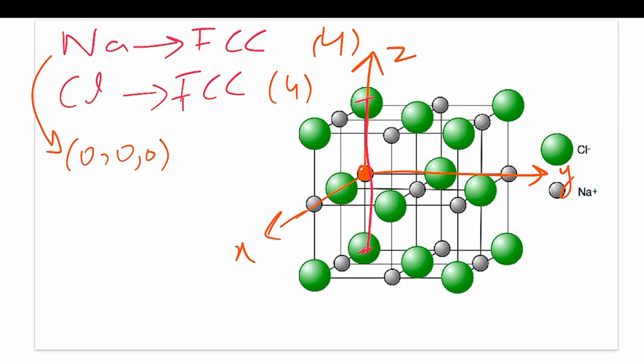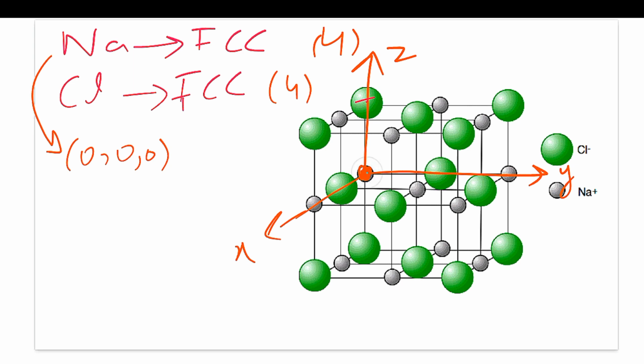But from sodium to chlorine, the length would be half. The distance between 2 unlike atoms would be taken as half, while the distance between 2 like atoms would be taken as 1, along the axis direction. This matters while finding the coordinates, and we will see how we do that.